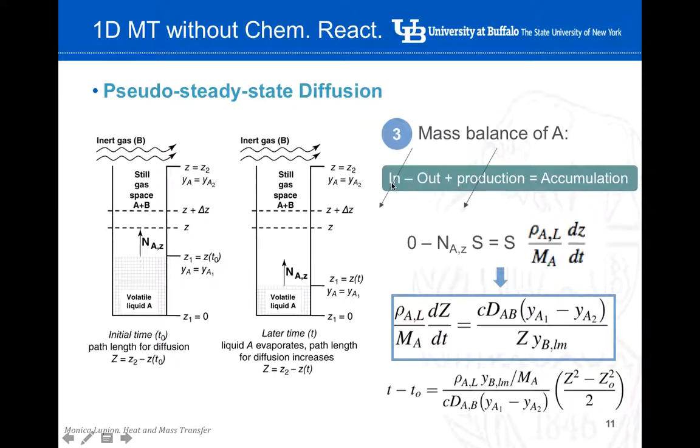In our control volume, there is nothing getting in. It's just a source, so there is nothing going in. But there is a molar flux of A getting out. We're not producing anything new. So the molar flux of A that is getting out times the surface has to be equal to the moles of A that are being accumulated.